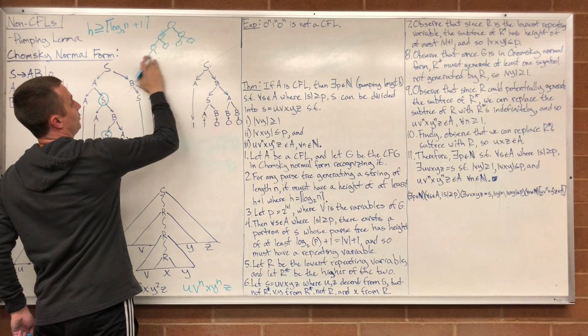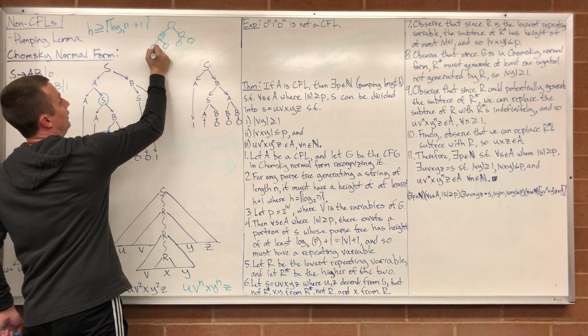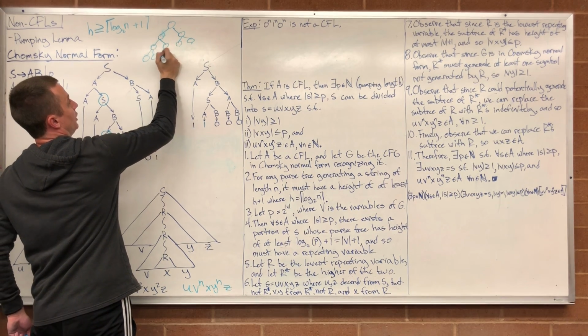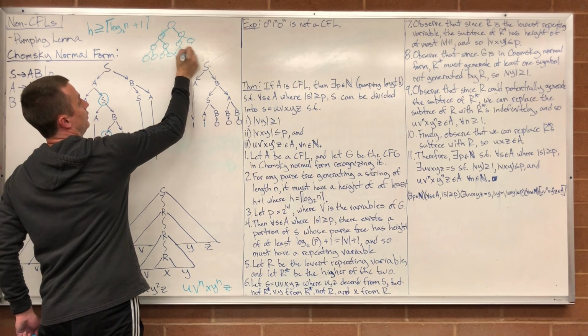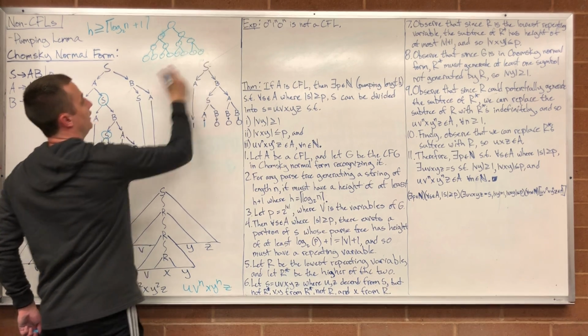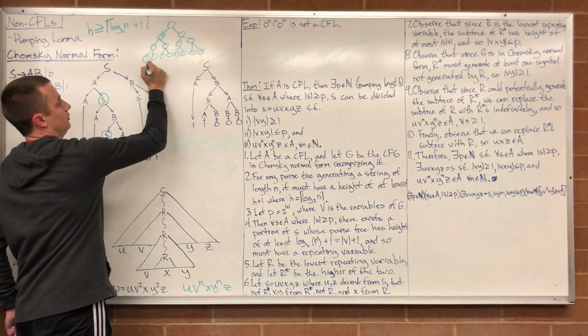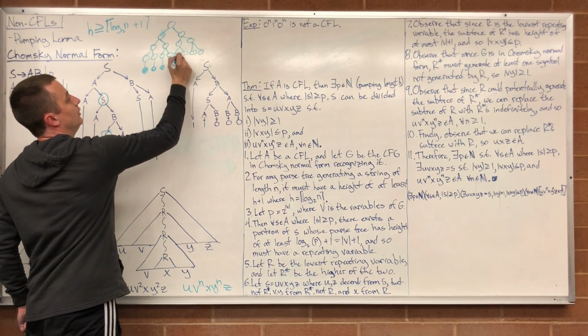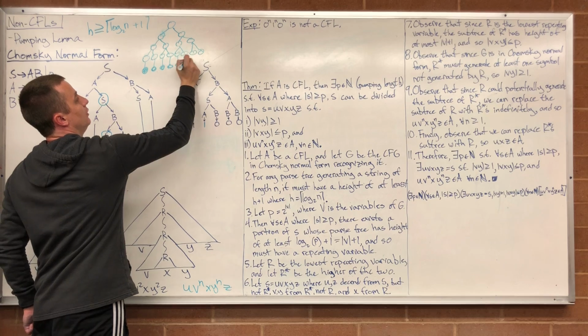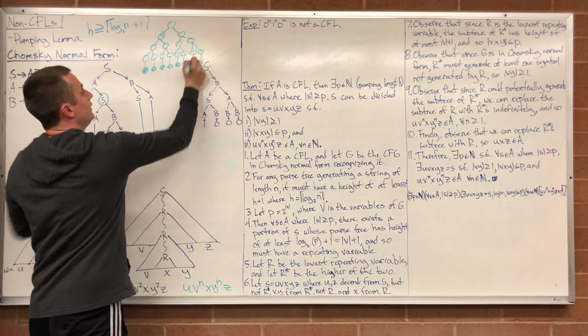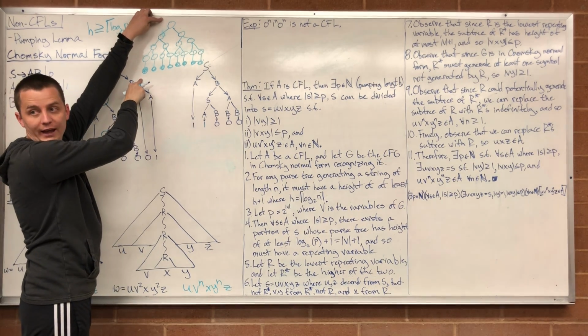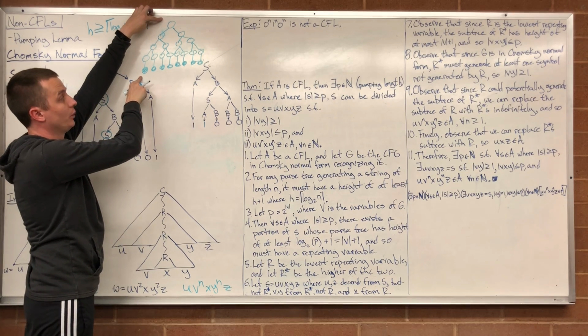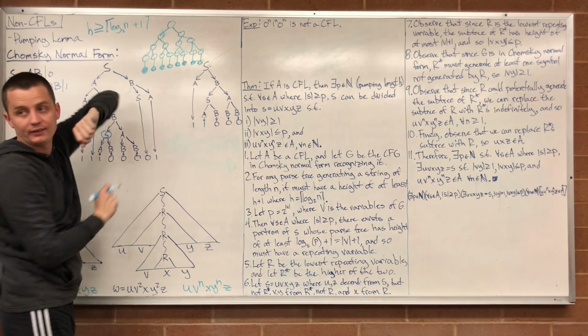So coming back up here, write this one in Chomsky normal form for an 8. Pretend that this is just a Chomsky normal form grammar. And we keep replacing variables with 2 variables, variables with 2 variables, variables with 2 variables. And then finally, replace all our variables with a terminal. Notice that this is the shallowest possible tree we could have for a Chomsky normal form grammar generating a string of length 8.